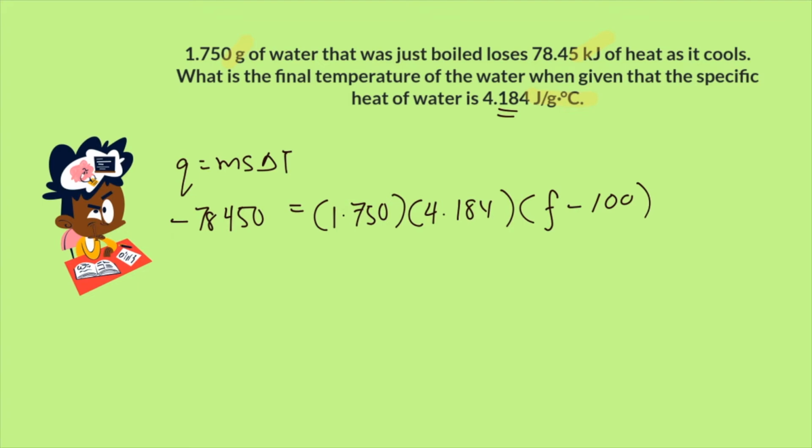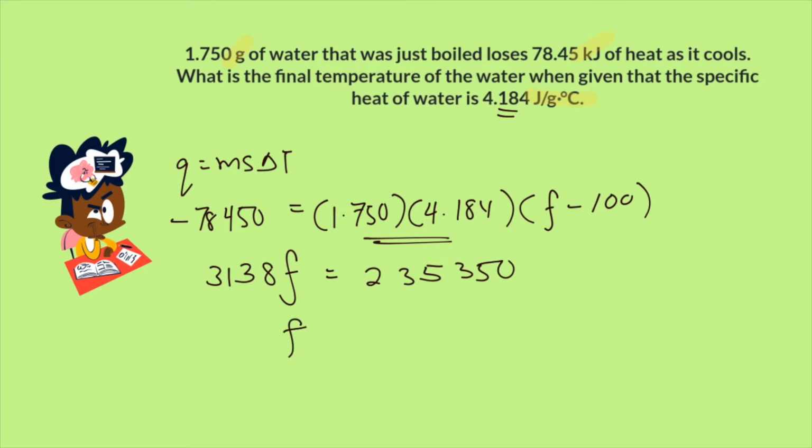Now what you need to do is calculate your F. The first thing that you need to do is multiply this part first so that you can get the value of F. After doing that, you should get 3138 F is equal to 235,350.